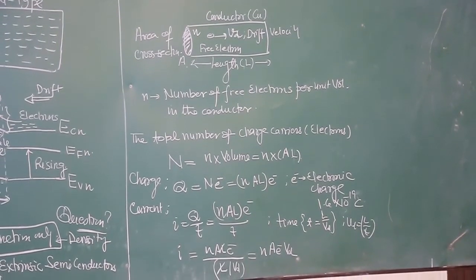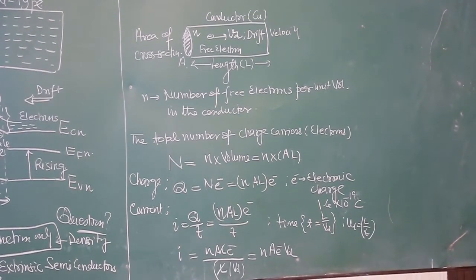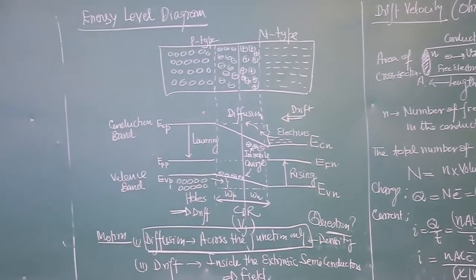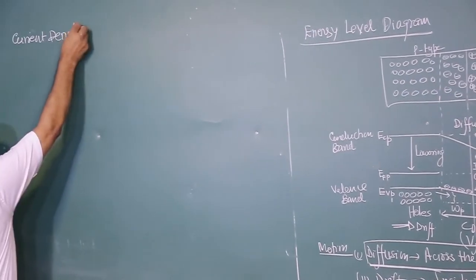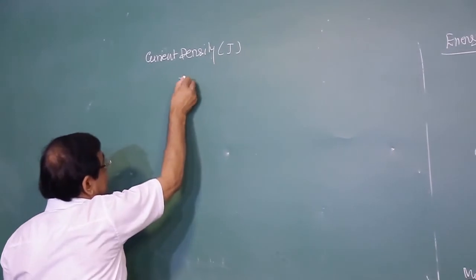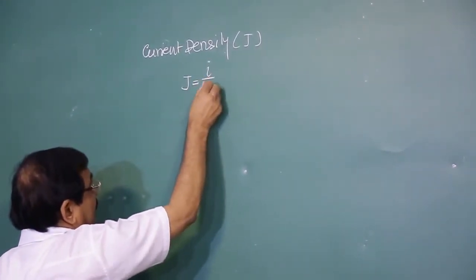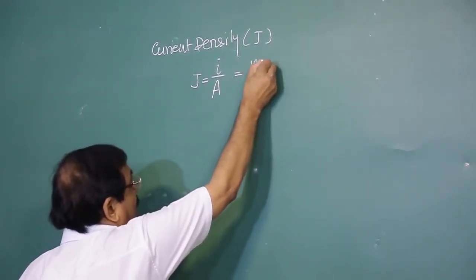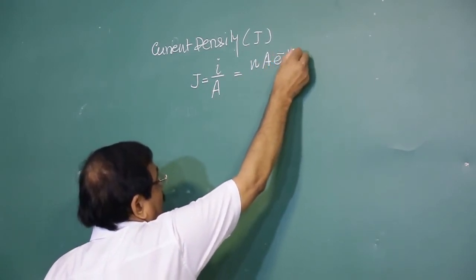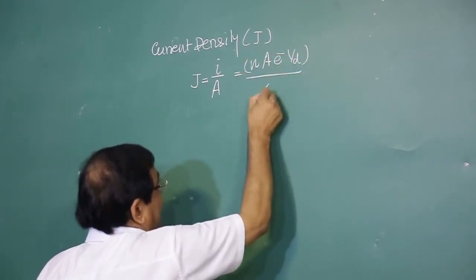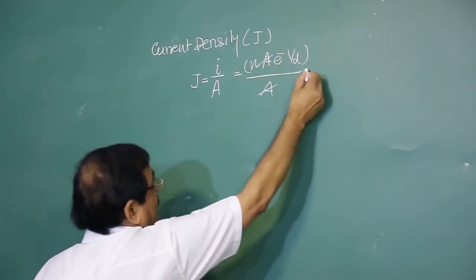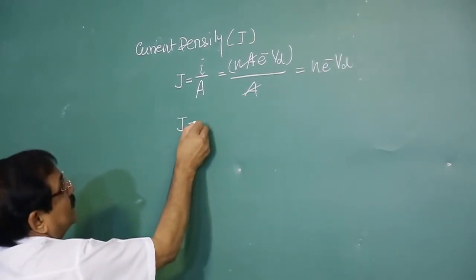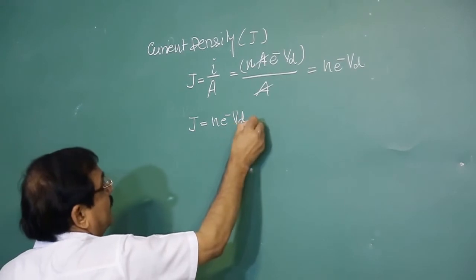The current density J is equal to I upon A. From that particular equation, I is small n A e V D, upon A. So this A cancels, so n e V D. So J is equal to n e V D.